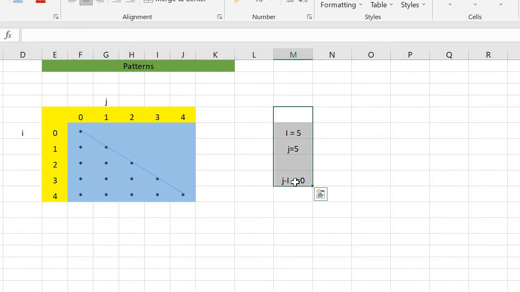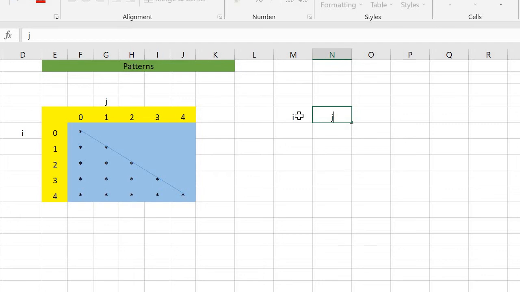So over here, I have taken a variable i and I have taken the variable j, and I have also gone for the equation j minus i less or equal to 0. Correct? So let us now move once. If i is 0, initially the j will be 0. We know that for the first row, the row executes one time and the column executes all of the times, right?